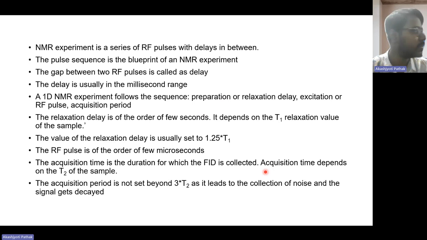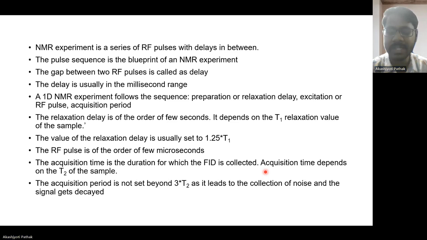Using the formula I naught cos omega t e to the power minus t by T2, if you put t equal to 3 T2, you will find that the signal intensity has become 5% of the initial signal. So there is no point in collecting data beyond 3 times the T2 value.